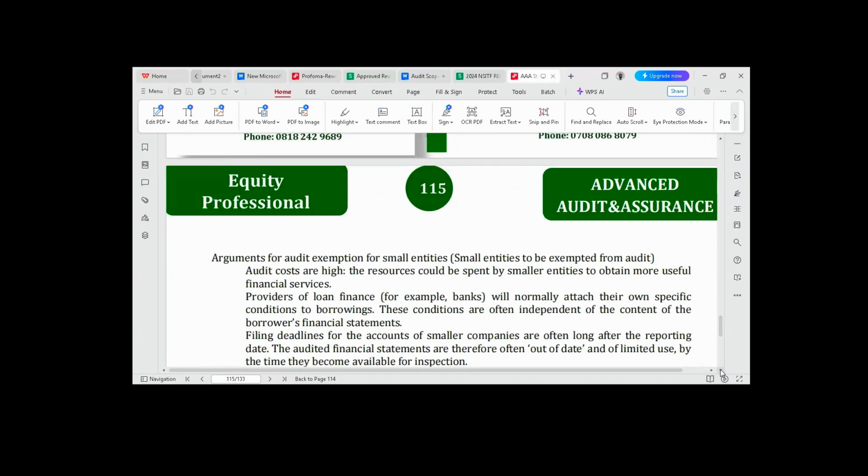Let's look at the first one. Argument for audit exemption of small companies. One, audit costs are high. That is, the resources could be spent by smaller entities to obtain more useful financial services. This area we're looking at is the advantages of audit exemption.